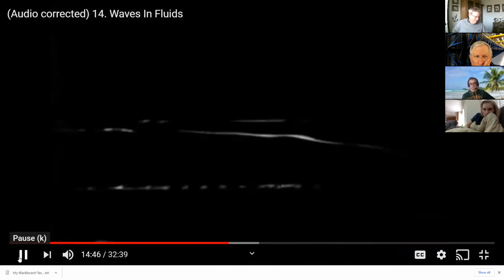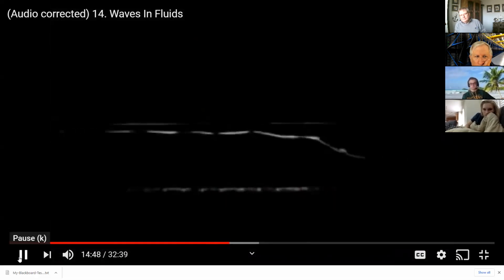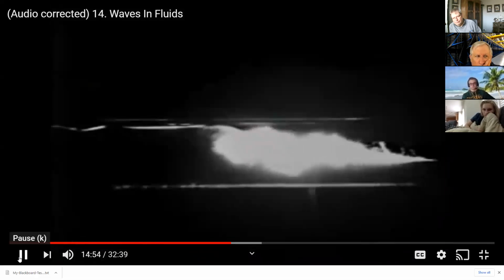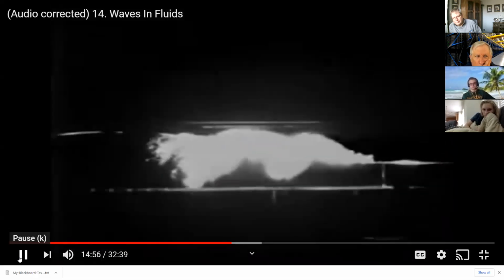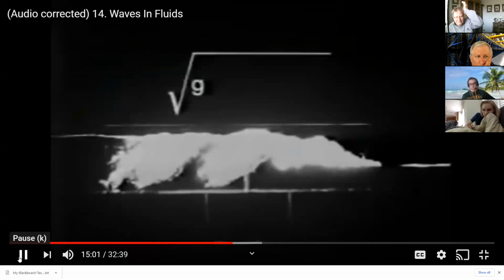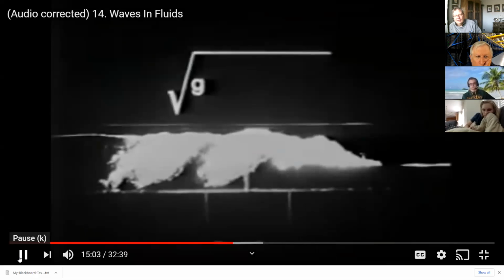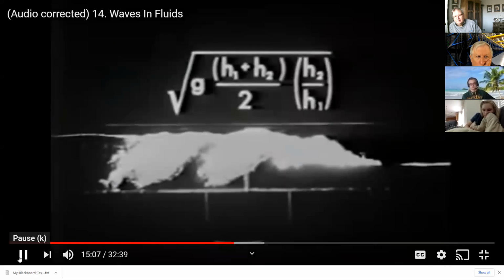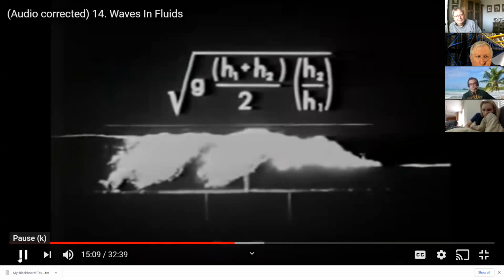In fact, it can be shown that the large amplitude wave speed, that is the speed of a positive surge wave, depends upon the depth ahead and behind as follows: the square root of g times the average depth times the ratio of the depths. It can be shown, so they're not showing it in this video.